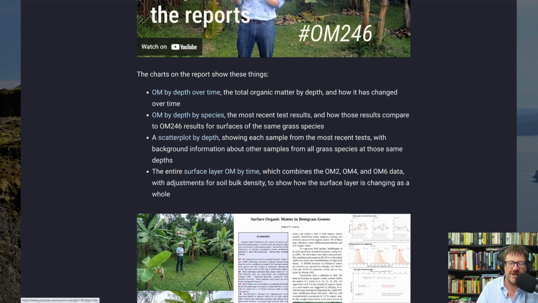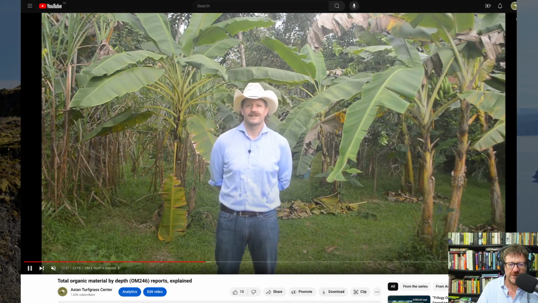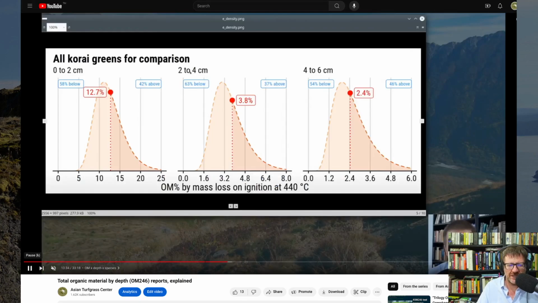And that's where the next thing that I show on the report and that I think is very interesting to look at comes in, which is the OM by depth by species. And what this shows is a type of chart that shows your latest test results, and then it compares your test results to what's normal for that particular species.